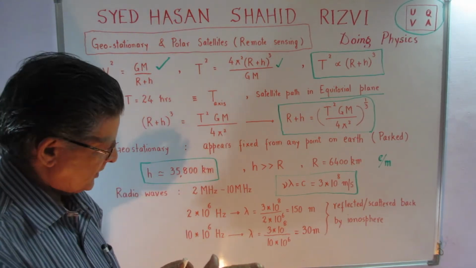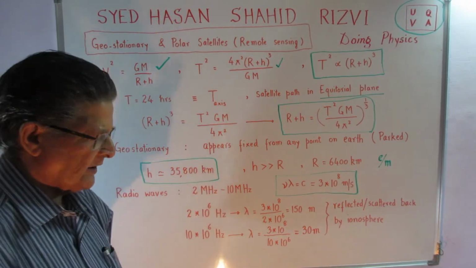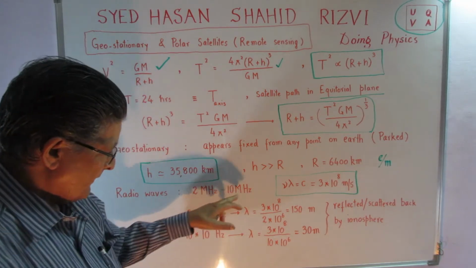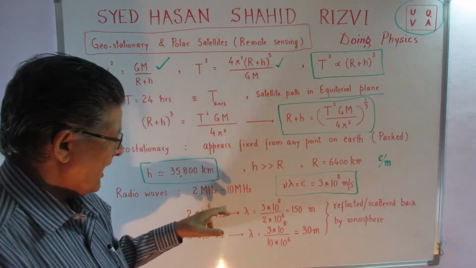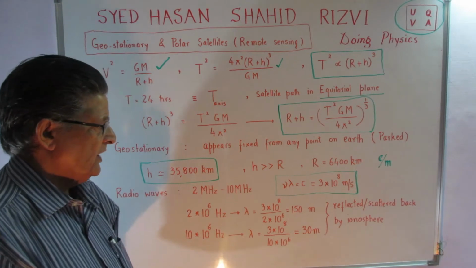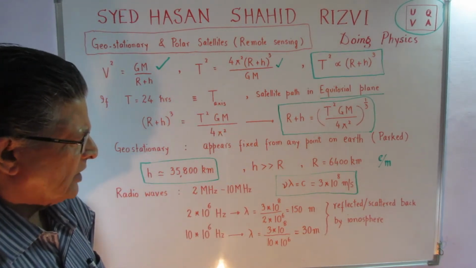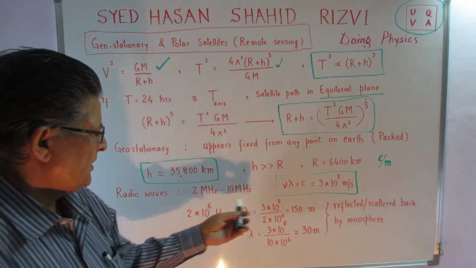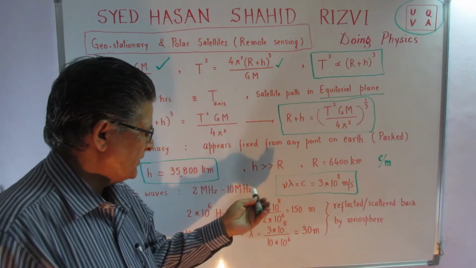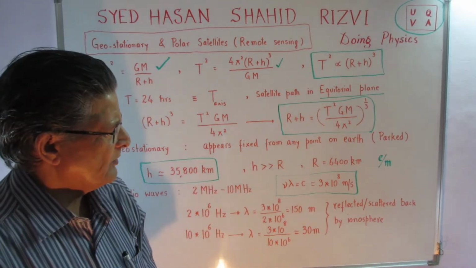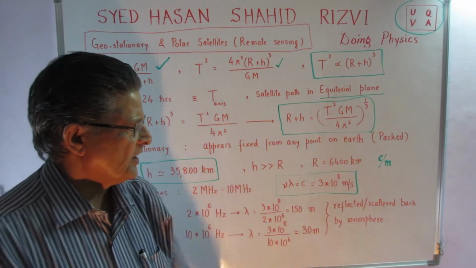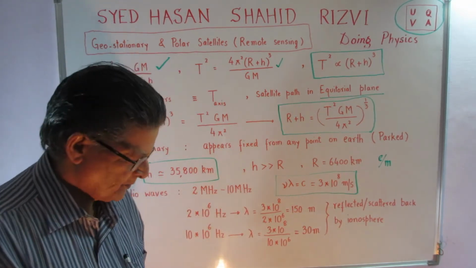All the information is carried by these carriers. So when the wavelength was decreased or the frequency was increased, technically it was said that if it is out of this range, then there will be no reflection or scattering back from the ionosphere.